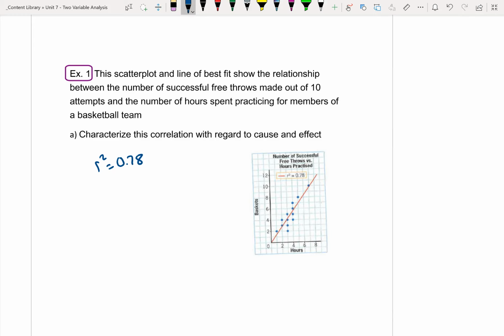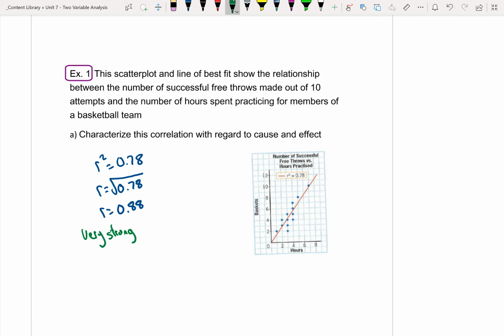If we want to calculate our R value, we can work backwards, because the R value would just be the square root of 0.78. Again, R value of 0.88. In this case, we're going to say it's positive because it's going in the positive direction. We could say that it is very strong.